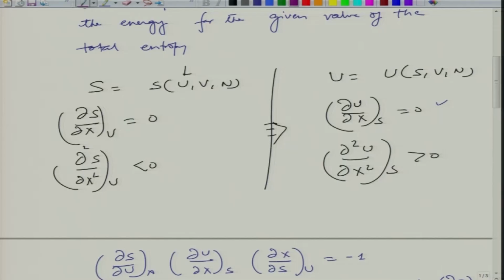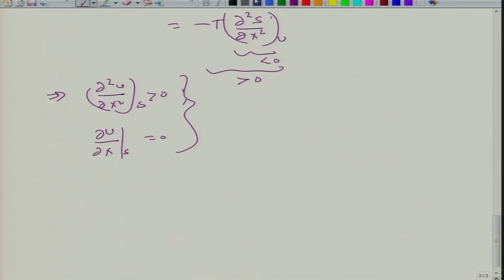Okay. So, this essentially can be drawn also.